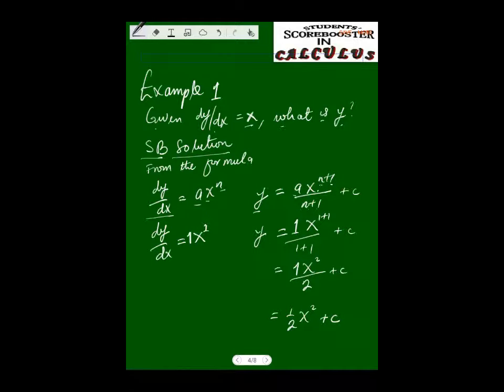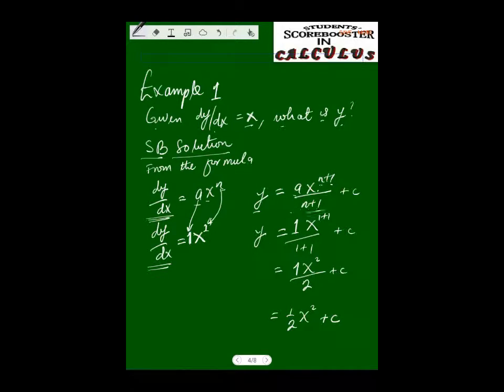If you look at what we have here, dy/dx is equal to x. If you want to write this one, you put the coefficient of x, which is 1, then x raised to power 1. Comparing the question with the formula, you discover that your a is equal to 1 and your n is equal to 1.